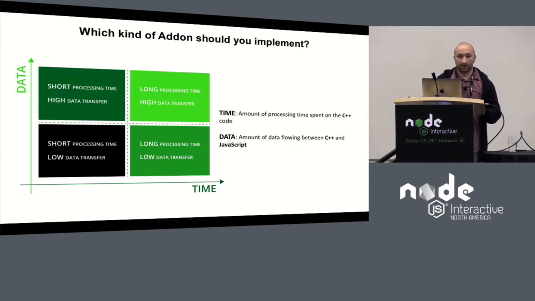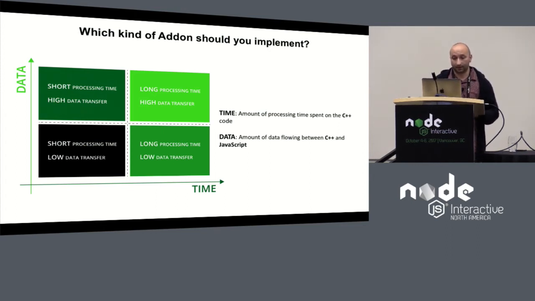We can categorize our native add-on based on the amount of processing time spent in C++ code and the amount of data flowing between C++ and JavaScript. If you are on the left quadrant, you can create a synchronous add-on. This means that all the computation happens on the event loop. If you are on the right quadrant, you have to create an asynchronous add-on.